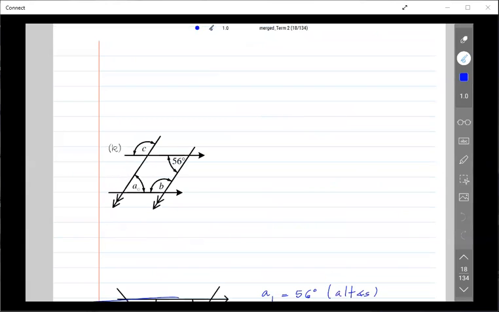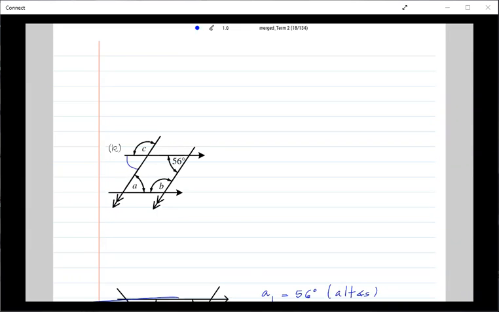I know that this angle and this angle here are alternate, so I will put in an angle there. And I know that this angle theta corresponds with the 56 degrees. So I would start out by saying that theta is equal to 56 degrees. They are corresponding angles.